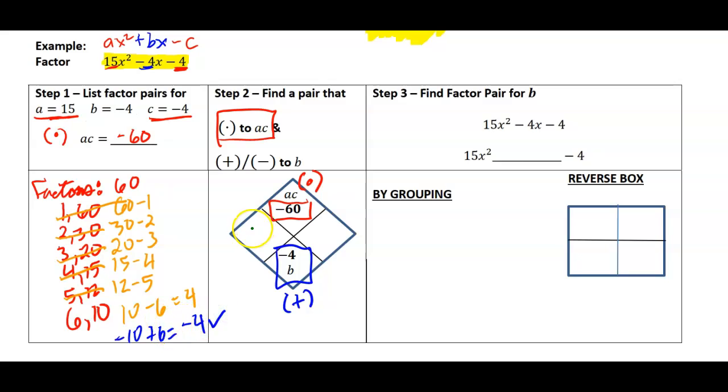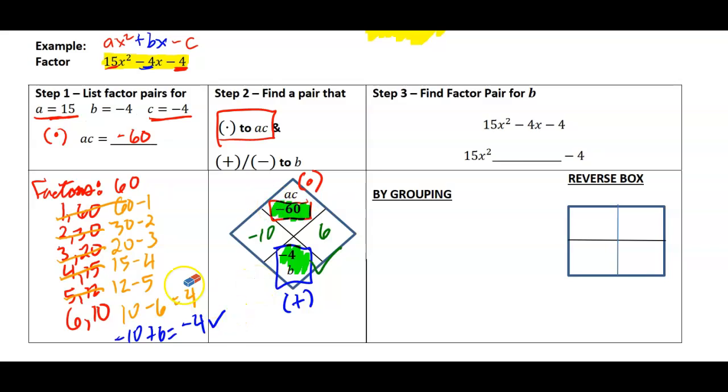So we're going to put those numbers in, negative 10 and positive 6. I already checked this. Negative 10 plus 6 is negative 4, so that's a check on the bottom. That worked. Negative 10 times 6 is negative 60.